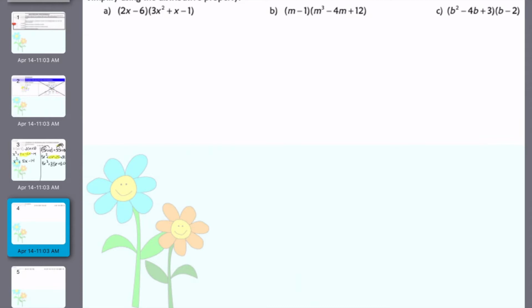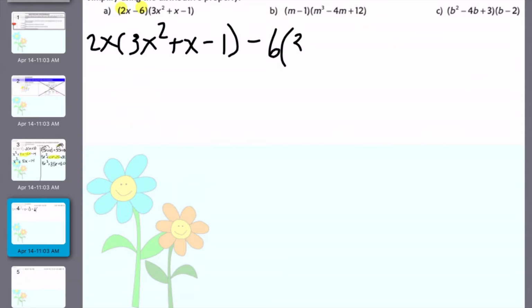Okay, so I'm going to again try to do A and C. So starting off with A, similar situation here. I need to make sure that I multiply each part of my binomial to the corresponding polynomial that is next to it. Okay, so I need to make sure I multiply 2x by 3x squared plus x minus 1, and then negative 6 times 3x squared plus x minus 1.